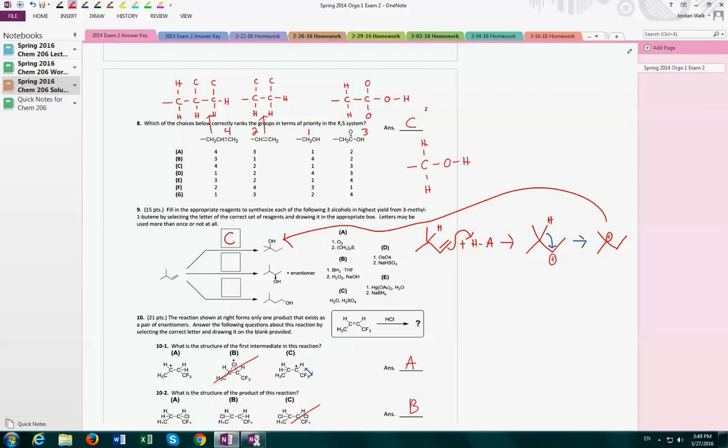Okay, so then what about for the second one? Again, we're adding water to it basically. Would you classify this as a Markovnikov or an anti-Markovnikov addition? It's definitely Markovnikov, and so we know that C gives us Markovnikov. Did any other ones give us a Markovnikov addition of water? Yeah, E would, right? Oxymercuration also gives us Markovnikov addition, and let's make sure this is right.